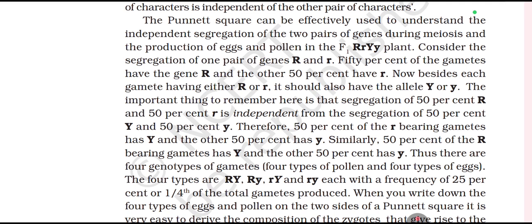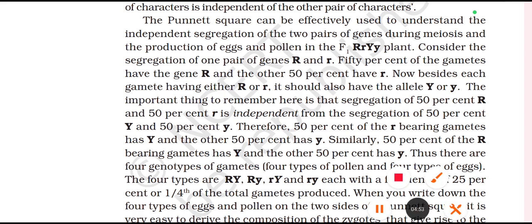Similarly, 50% of the small r-bearing gametes has capital Y and the other 50% has small y. Thus, there are 4 genotypes of gametes, 4 types of pollen and 4 types of eggs. The 4 types are capital R capital Y, capital R small y, small r capital Y, and small r small y, each with a frequency of 25% or 1/4 of the total gametes produced.